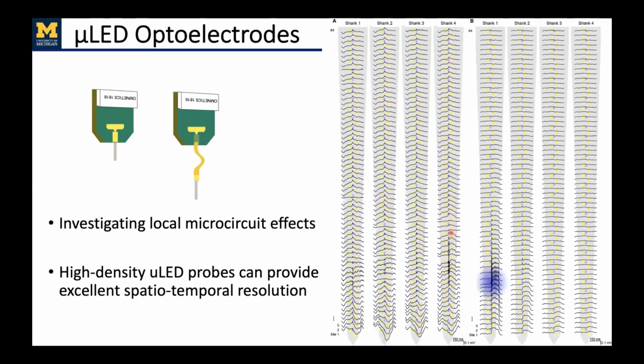And here you can see the average ripple-triggered LFP signal. This is recorded in CA1 and these channels are in cortex. We only stimulated on this shank, and you can see this really local evoked local field potential response due to this stimulation.